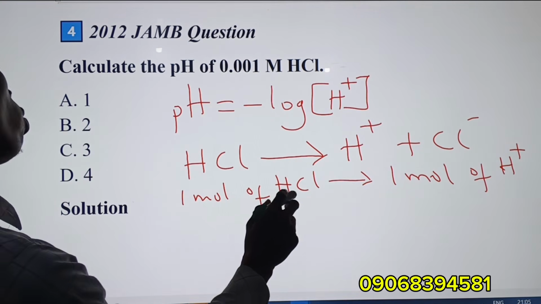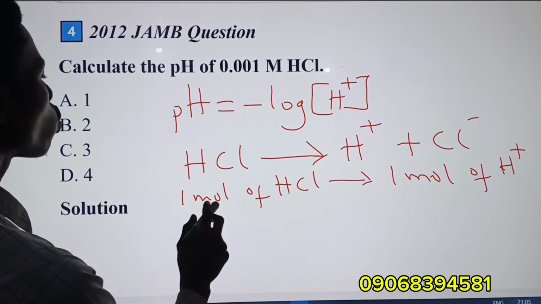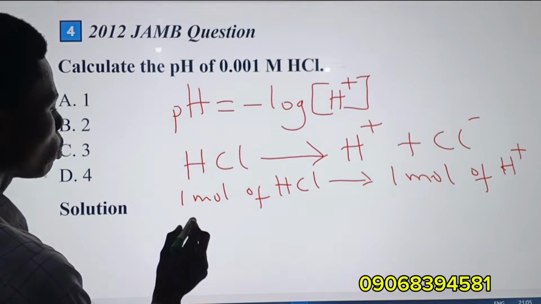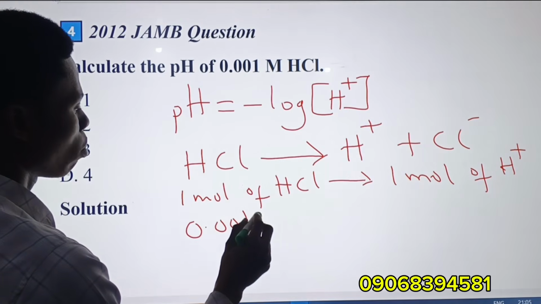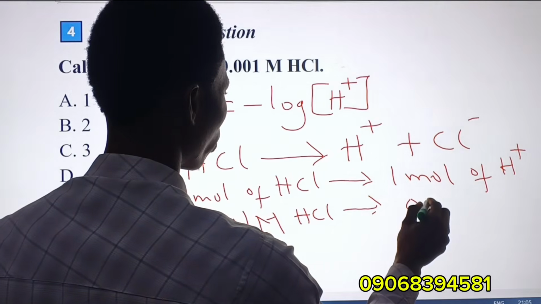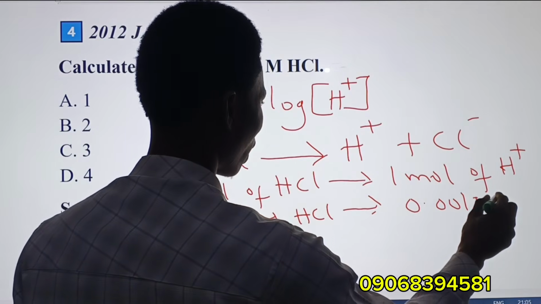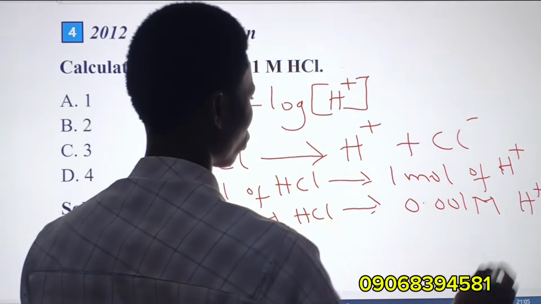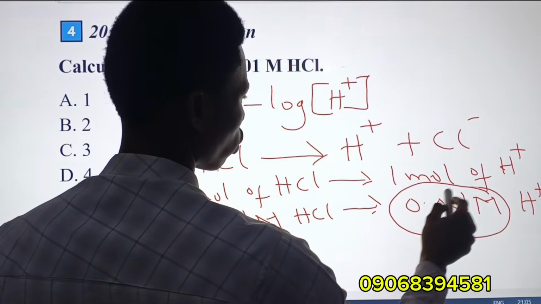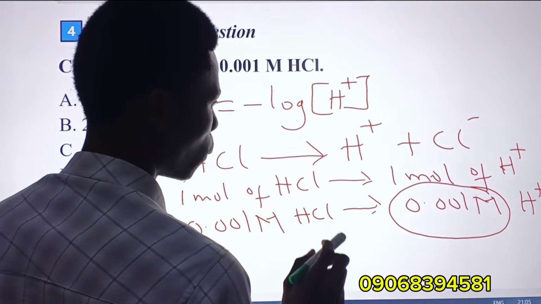Since 1 mole of hydrochloric acid gives 1 mole of hydrogen ion, it means 0.001 molar hydrochloric acid will give 0.001 molar hydrogen ion. So the concentration of hydrogen ion is 0.001 molar.